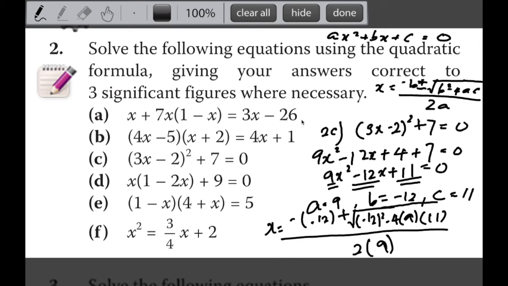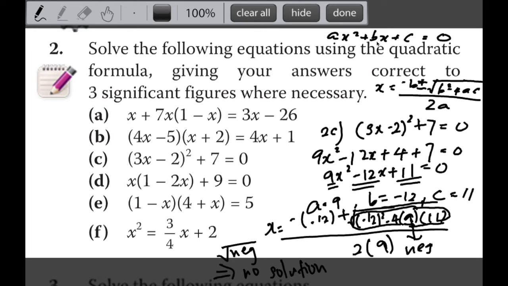You get a math error. Why? Because over here, the number inside the square root is a negative value. If you square root a negative value, that means no solution.